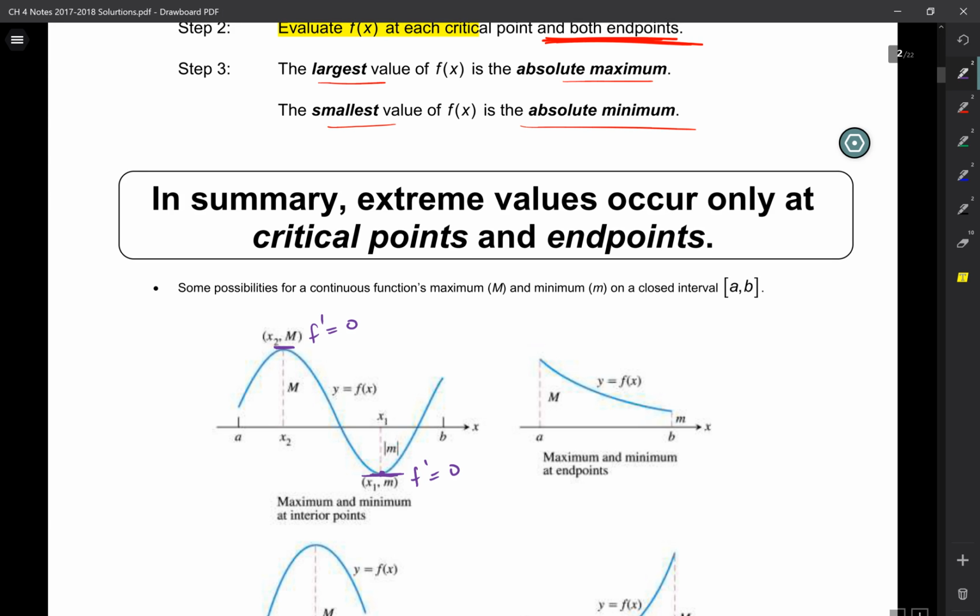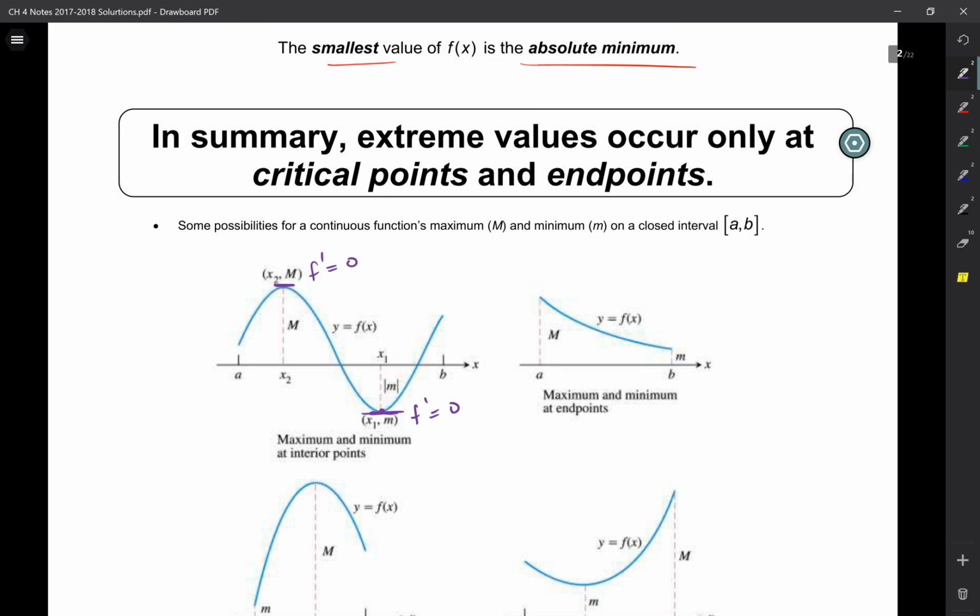The slope of the tangent line here is 0, so it's got a horizontal tangent and a derivative of 0. So where the derivative is 0, you've got a critical point, and that's where you have a minimum and a maximum here. In this case, this is a closed interval.